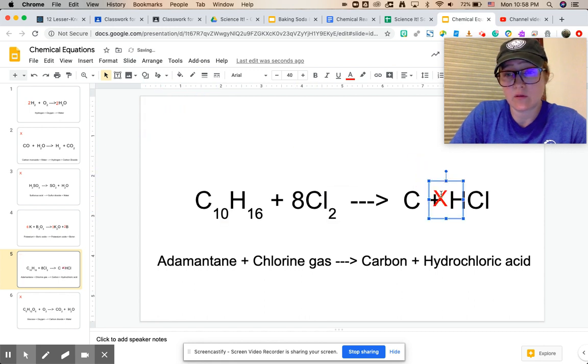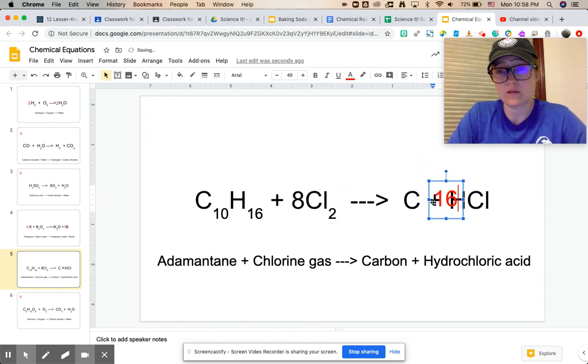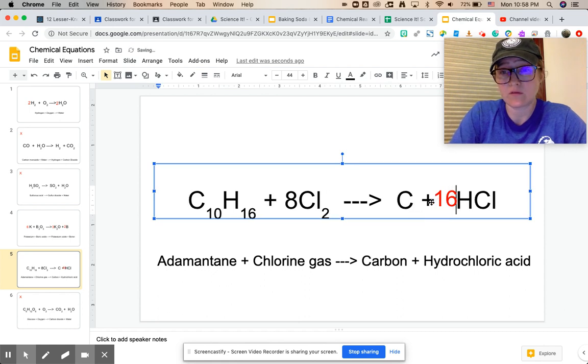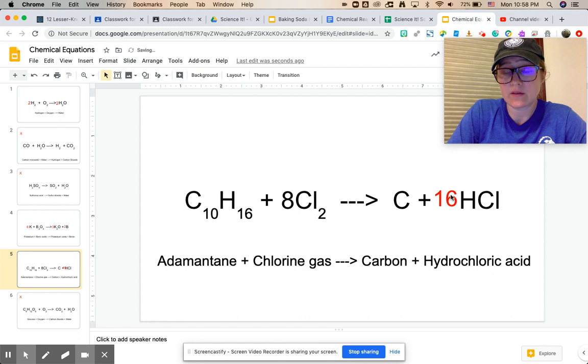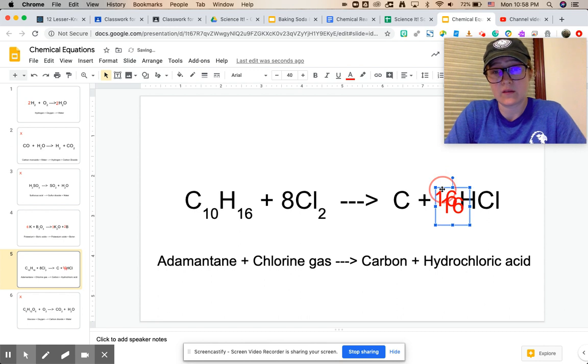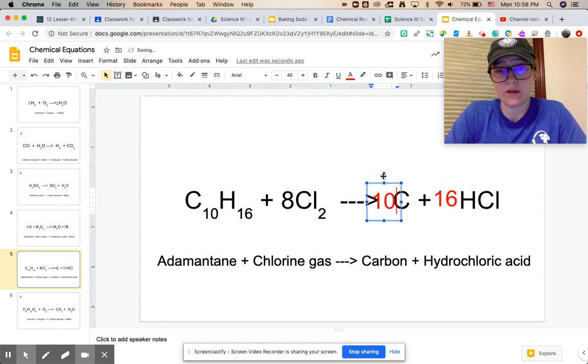So I'm going to put 16 right here, and let me give myself a little extra room. Okay, 16 here. Now I have 16 hydrogens, and here I have 16 hydrogens, right? Now I have 10 carbons, so let's stick a 10 right here.